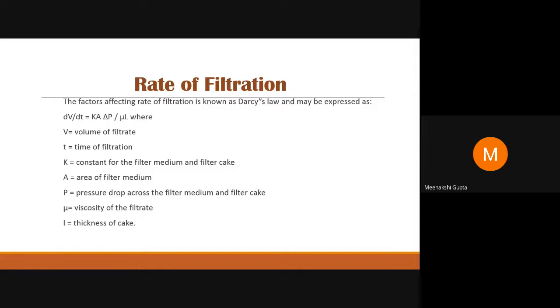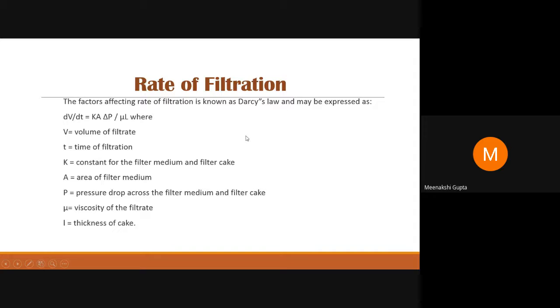Okay, so here we can see this rate of filtration, that is dV upon dt is equal to K A delta P upon mu L. So this particular equation is our Darcy's equation.